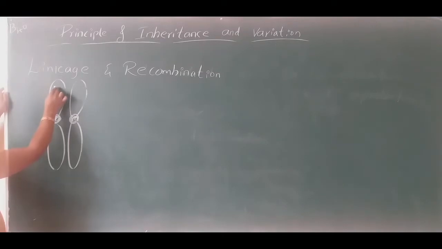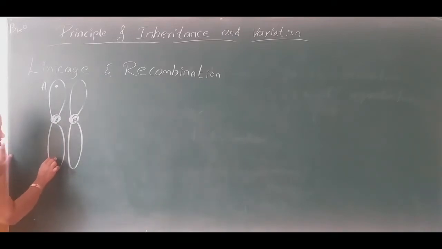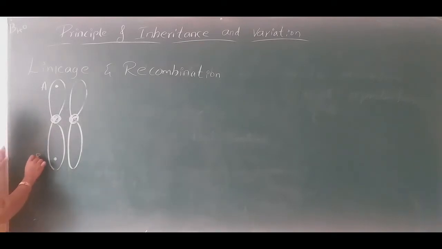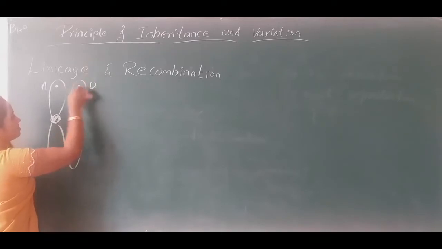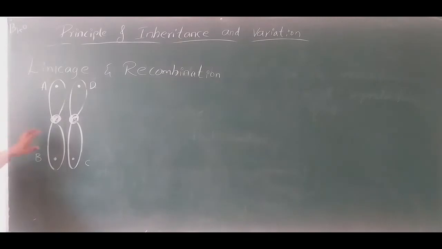concept. Consider here we are having a gene. I have named this gene as capital A. Somewhere here I am pointing out one more gene and I am labeling this as B. On the other parent I am drawing one gene, naming that as D, and here C. Now crossing over occurs.